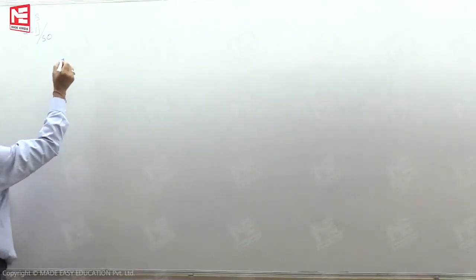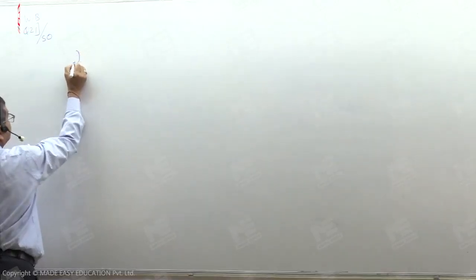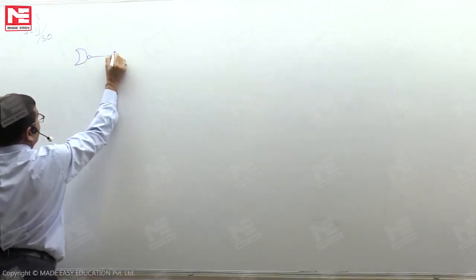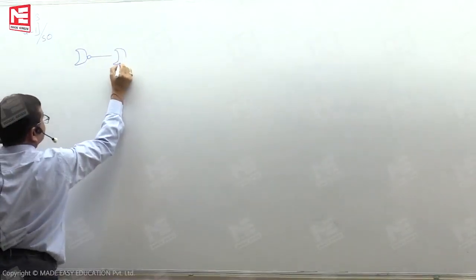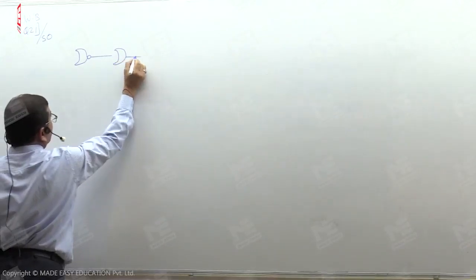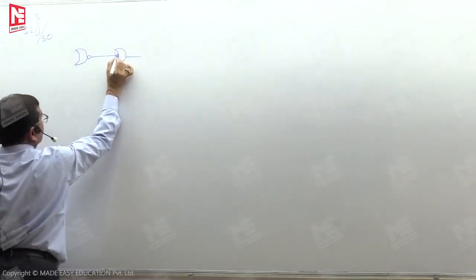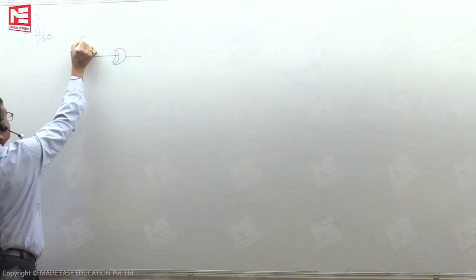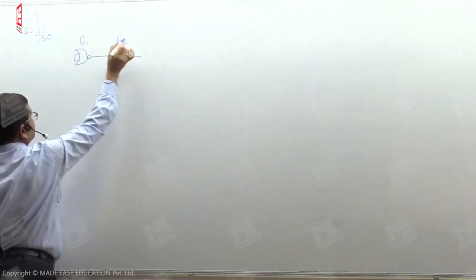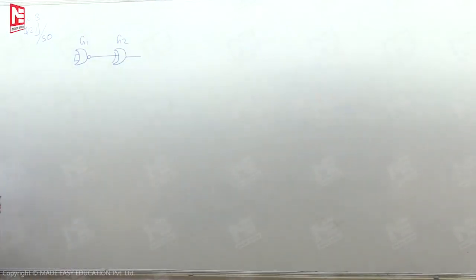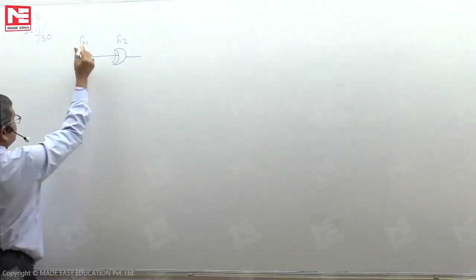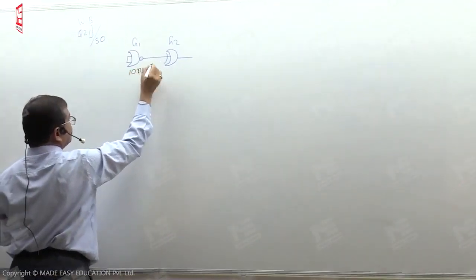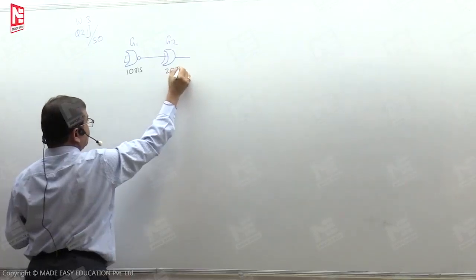There is a circuit built using a NOR gate and an exclusive OR gate. This gate is named G1, this gate is named G2, and the propagation delay of gate G1 is mentioned as 10 nanoseconds, gate G2 as 20 nanoseconds.